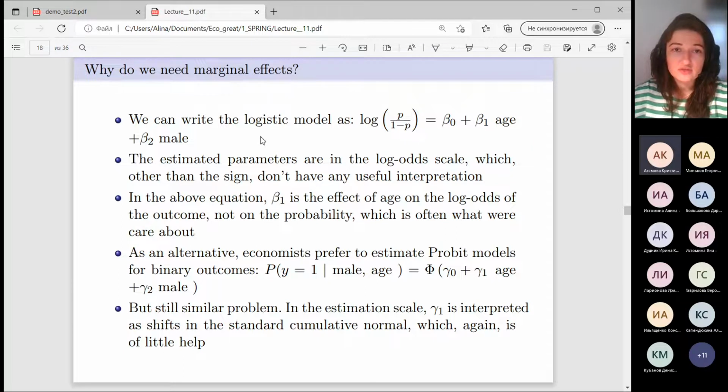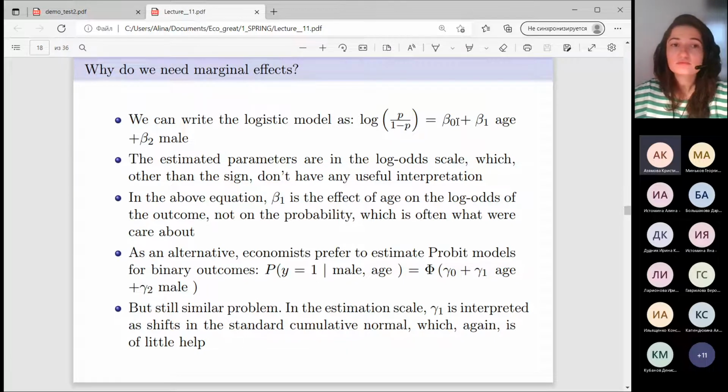Let's start with the logit model or logistic model. You remember, if not, please check the slides of the previous lecture, that if you use the logit model, our dependent variable looks like this: a logarithm of the ratio of the probability that the dependent variable equals 1 to the probability that the dependent variable equals 0.